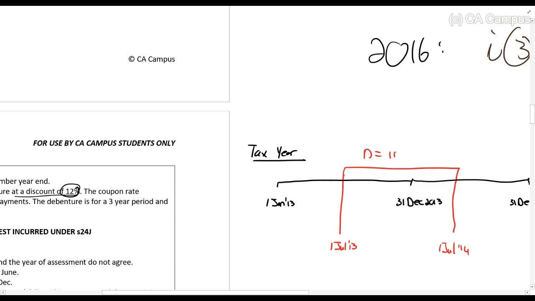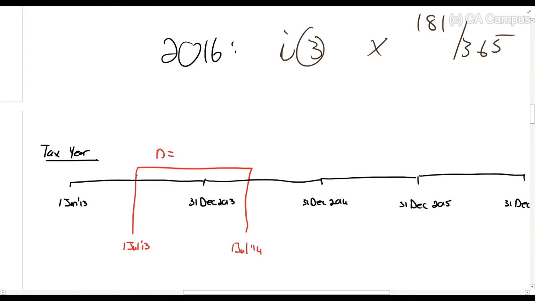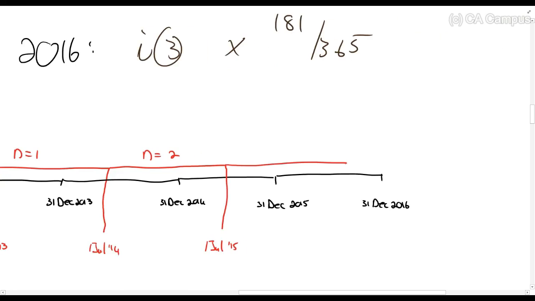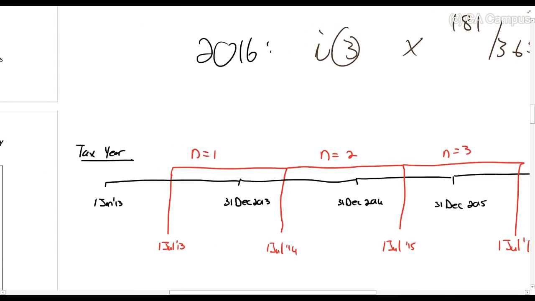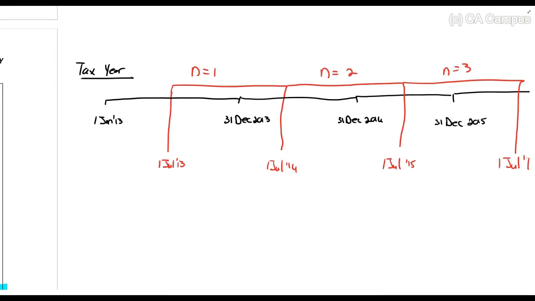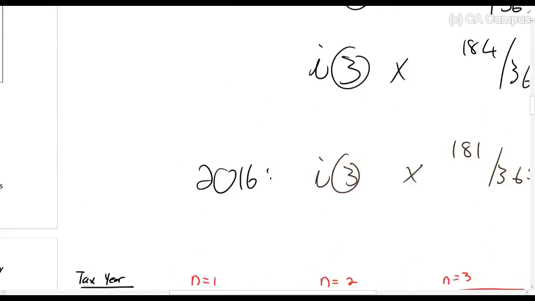This is N1, N2 will run until the 1st of July 2015, and the 1st of July 2016 is when N3 will run. So it's again basically the same amount of days.